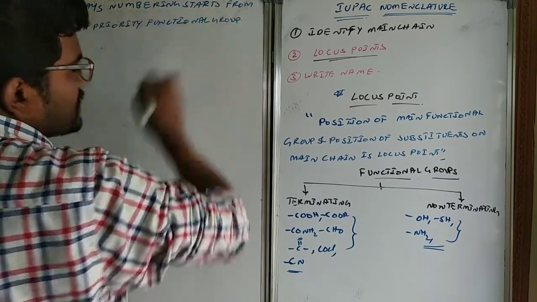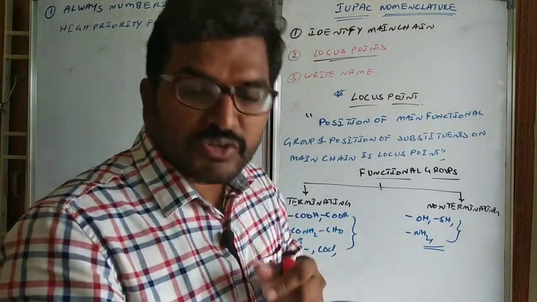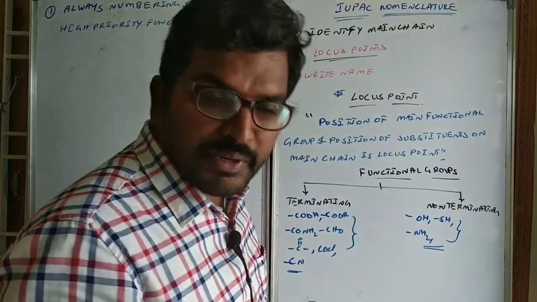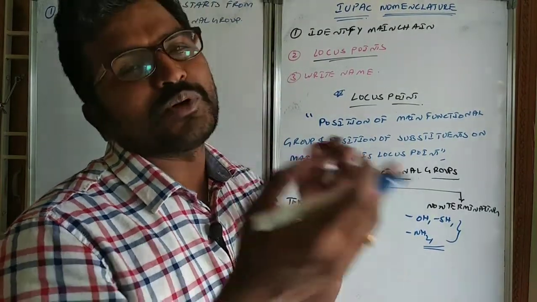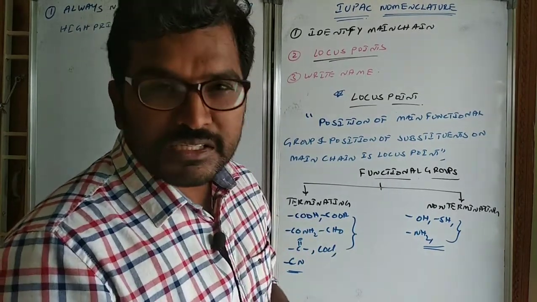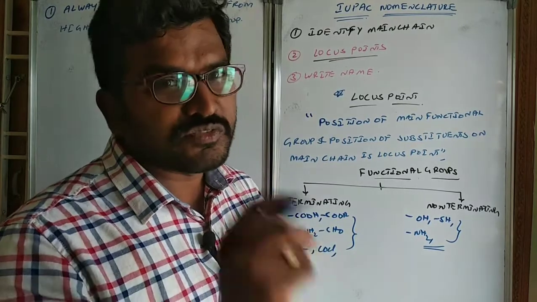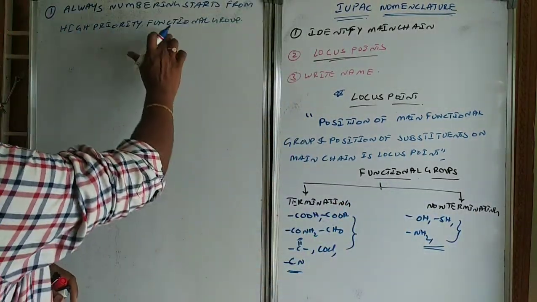This is a very important one. The first priority we have to give is that you have to start numbering from the high priority functional group, irrespective of lowest sum of locus points or lowest set of locus points or maximum chain and all. If the highest priority functional group is there, from there we have to start numbering.